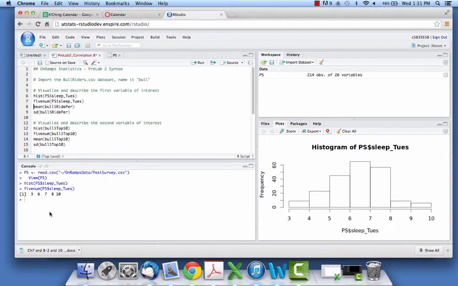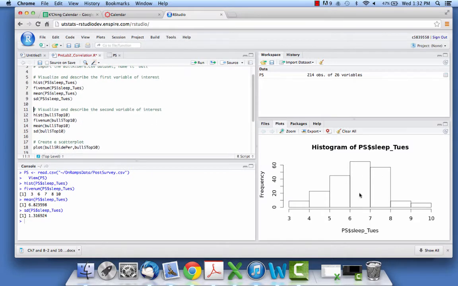I expect the mean and the SD will be similar because this looks approximately normal. So we'll see. 6.82 instead of 7, so that's pretty close. And 1.3 instead of 2, that's less close. I guess probably because of this bulk right here. If that was moved down, the interquartile range would be different.